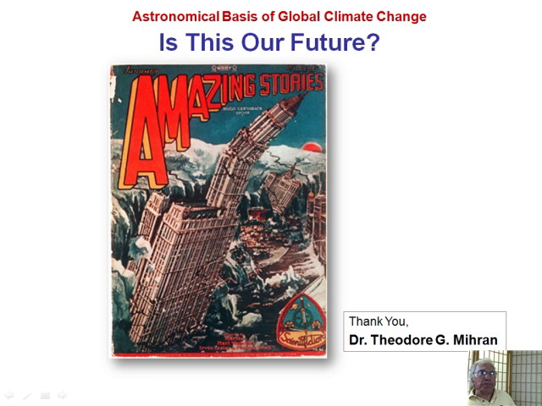So, in Muller's book, he has this picture. He said he saw it when he was a boy, this issue of Amazing Stories magazine, and it showed the glaciers coming down and wiping out the skyscrapers. And that may be our future. Thank you.